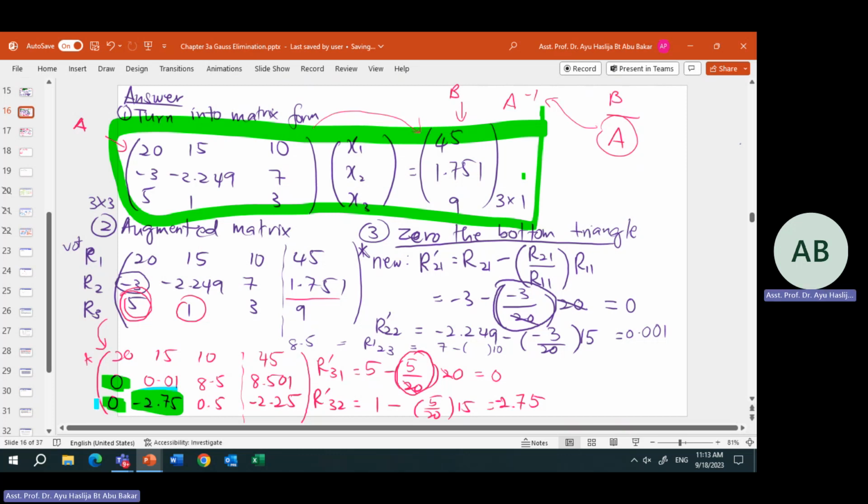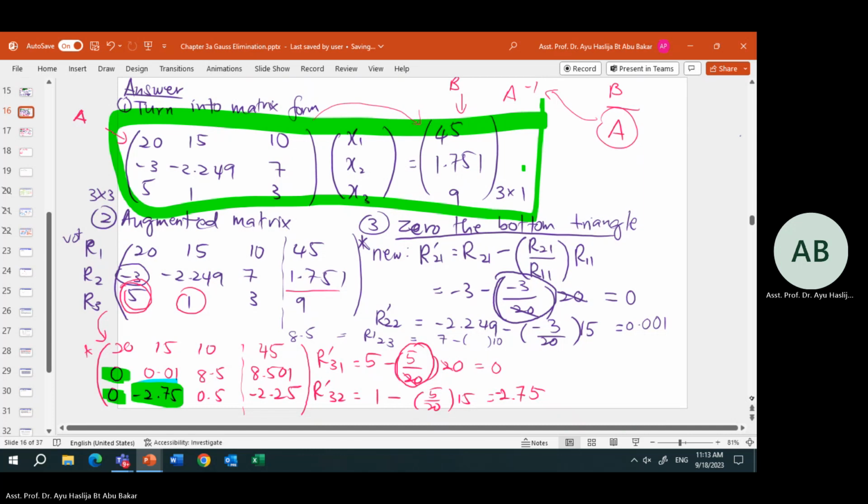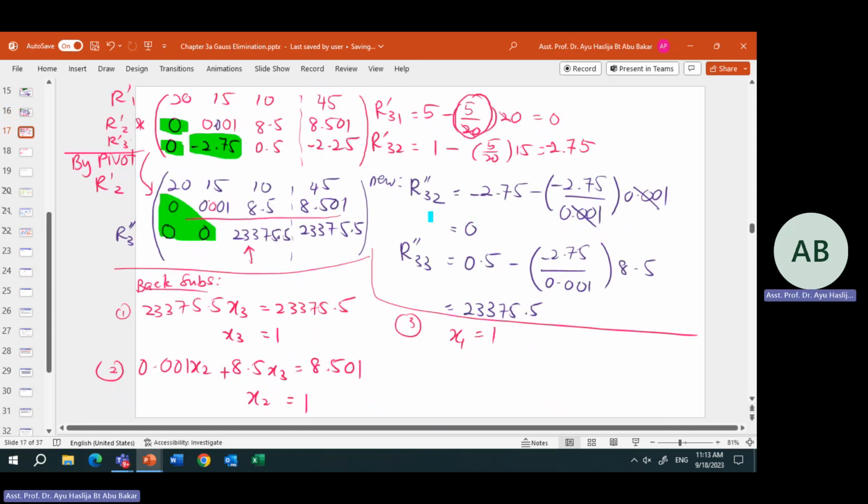So that's when you pivot the second row, so that the negative 2.75 will be 0 as well. You need to find the new factor. Each time you pivot a row, there will be a factor. So you need to find out that factor, the one that can zero this bottom 3.